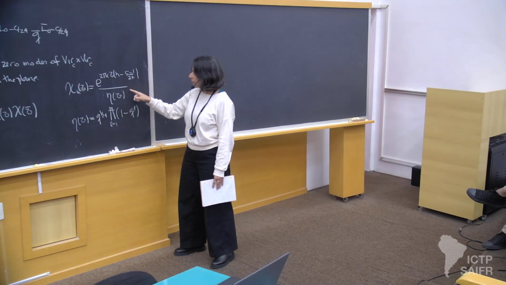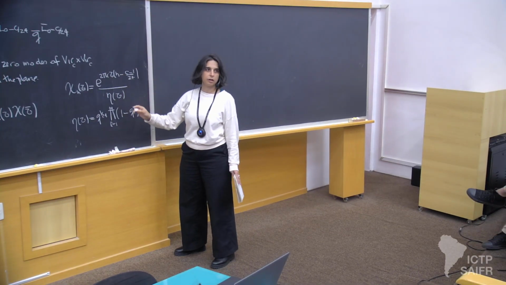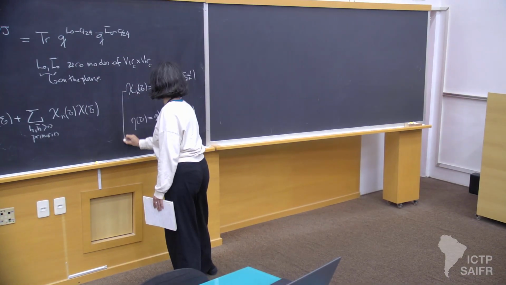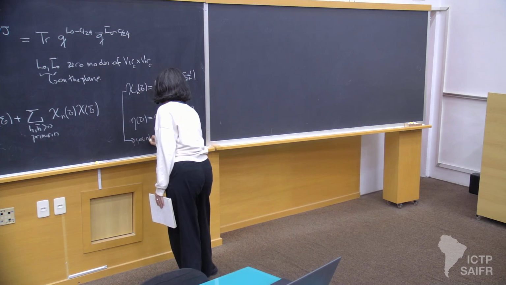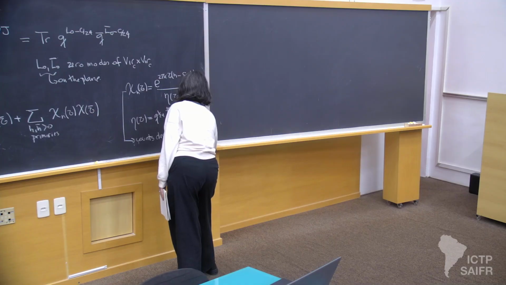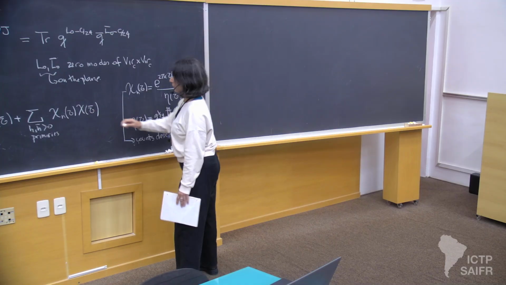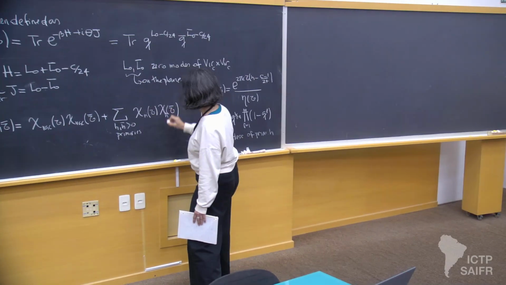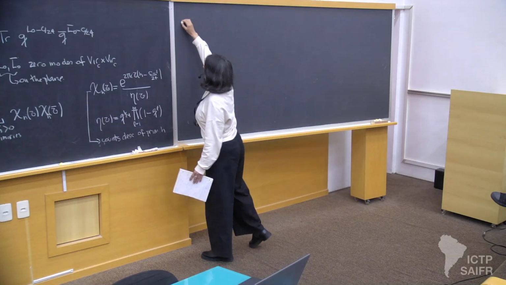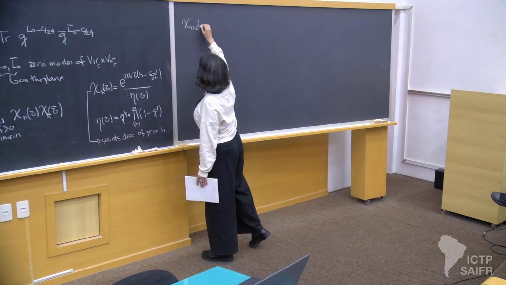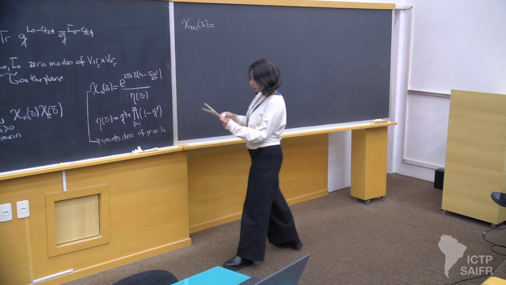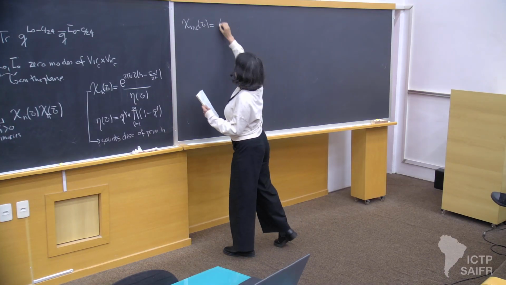This object here counts the descendants of the primary state H. Same definition for H bar. And then the vacuum one: the vacuum state is also, in a sense, a primary, but it has additional null states.